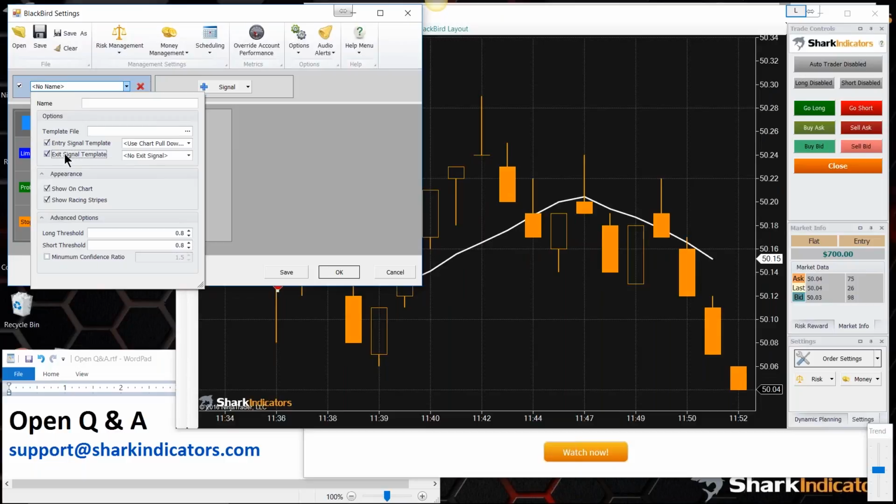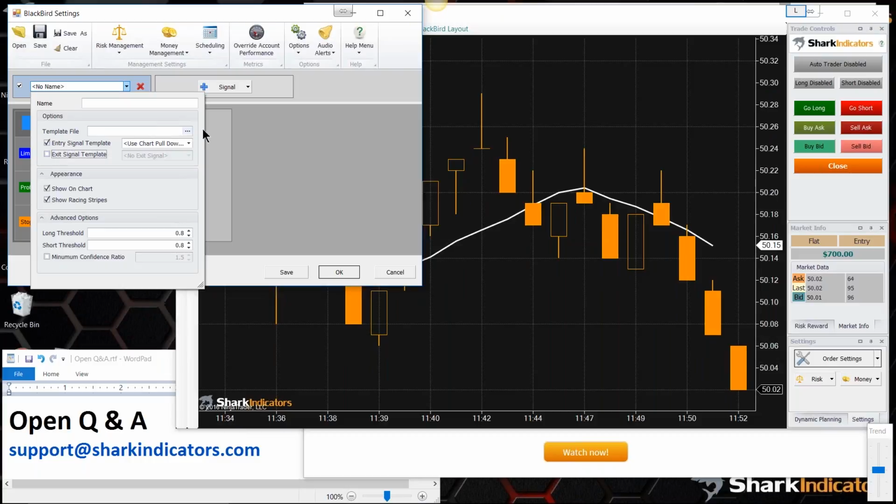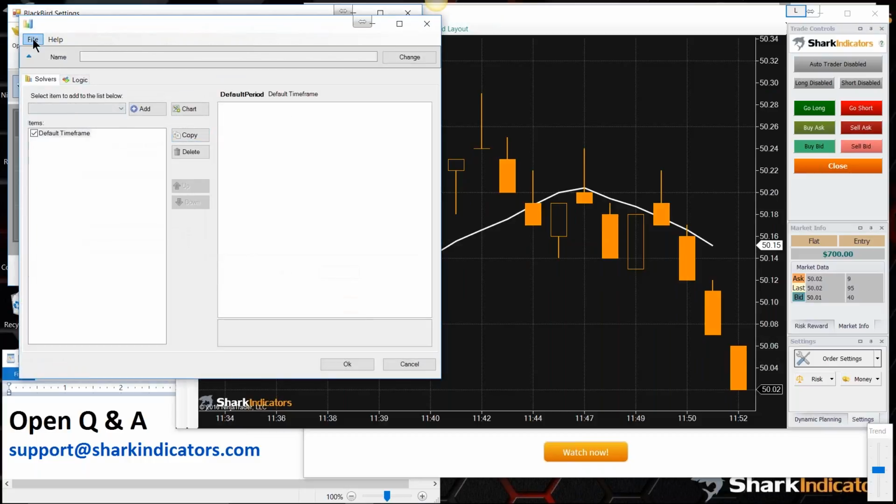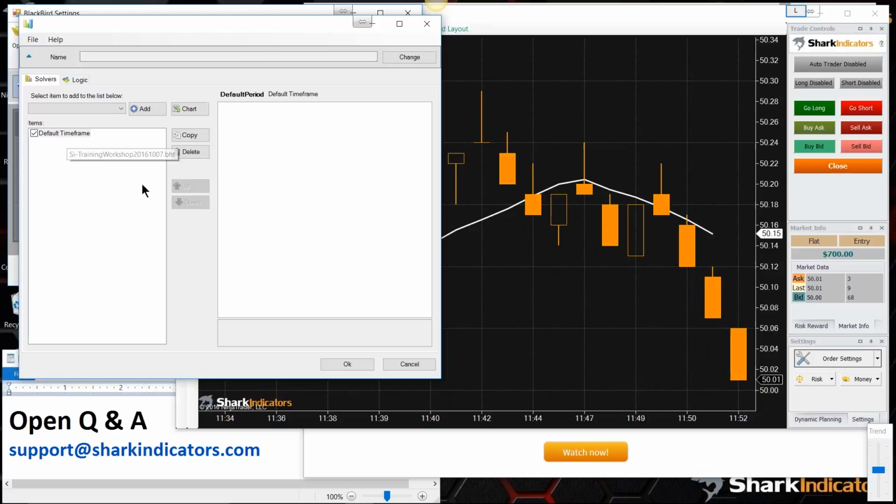Or BlackBird has a little more capabilities, just to load up some examples here.